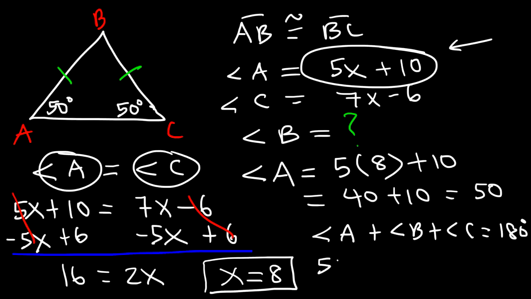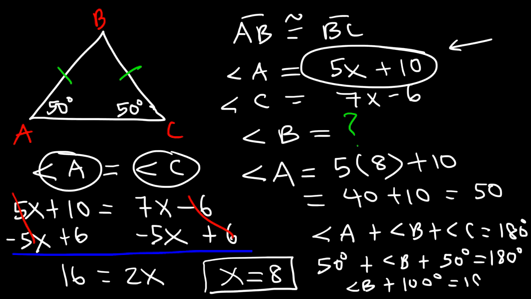So we know that A is 50. We're looking for the measure of B, and angle C is 50. So 50 plus 50 is 100. So B plus 100 is 180. So angle B is 180 minus 100, which means that it's 80 degrees. And so that's the answer for this problem. That's how you could find the missing angle.